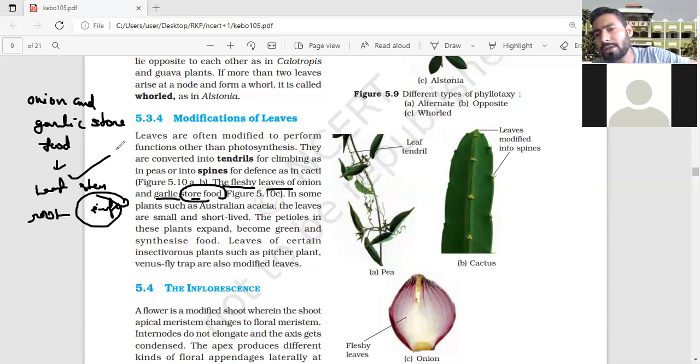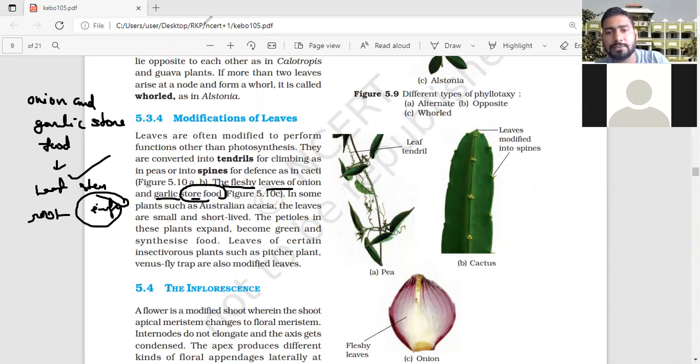They are not going to ask very tough, but your concept should be clear, because they have also given the same concept in the underground modification, where they say it is the modification of a stem, but here they are saying if they store the food, this is also fleshy leaves. That means it is the leaf modification. If they have given the bulb, then you will take the bulb. Otherwise that will be the leaves.